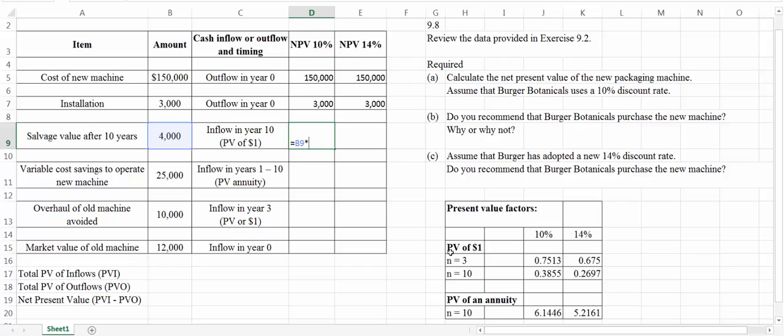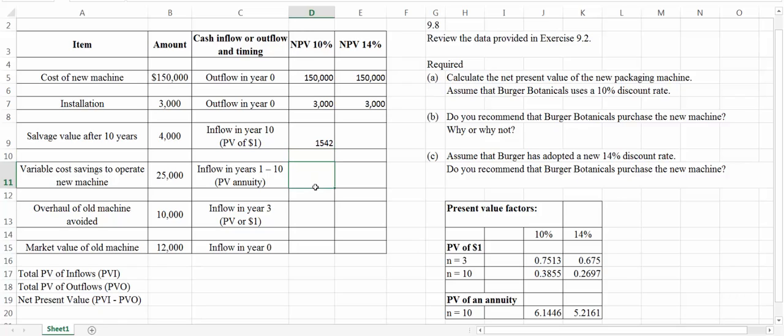I put all the factors here for us. 10 years at 10% is that. We multiply those and we get 1,542.